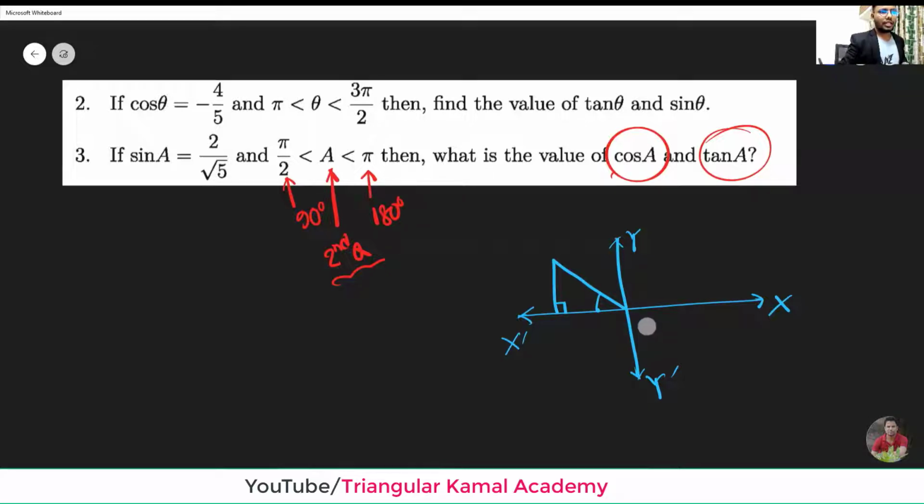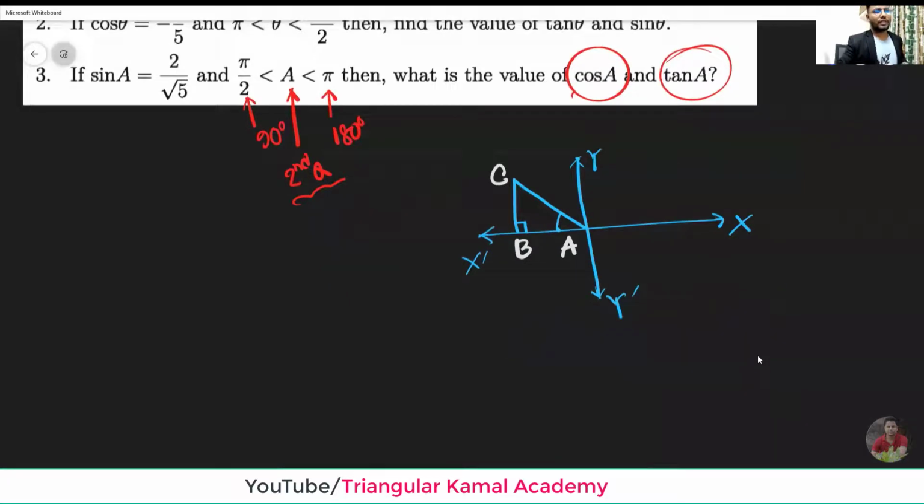The acute angle given here is A. Now we can mention angle B is a right angle, then this is angle C. Separately we can draw the figure. This is the right angle, and here angle A, this is angle B and this is angle C.